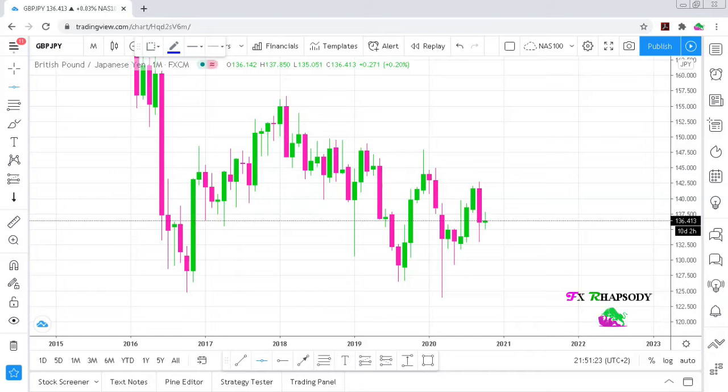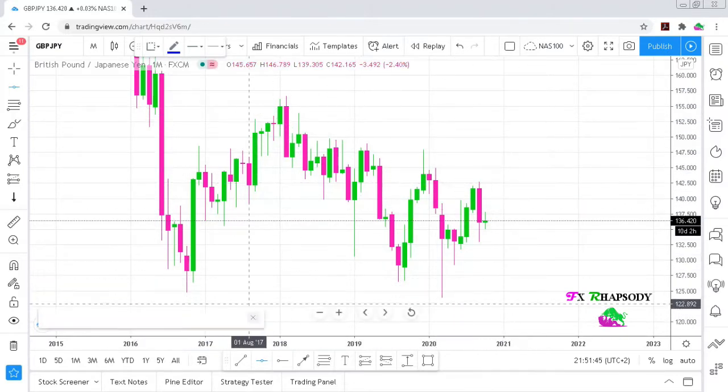This video is just a little bit of an add-on to the support and resistance. I'm just showing you another way that I draw key support and resistance in the market. We're going to be working on the monthly time frame.